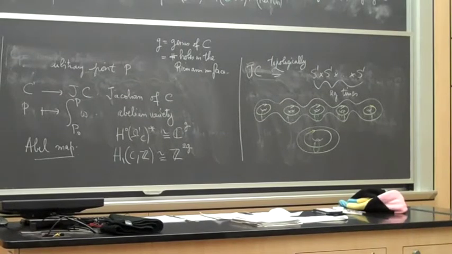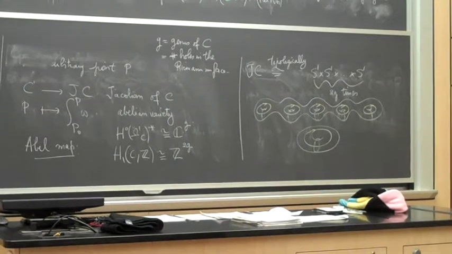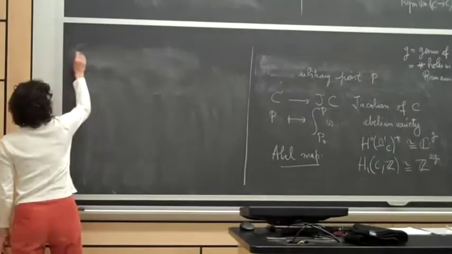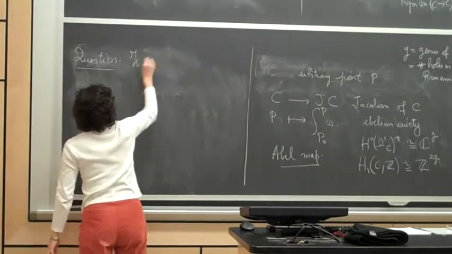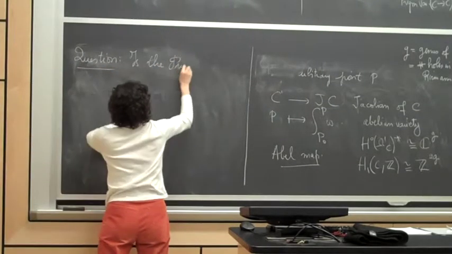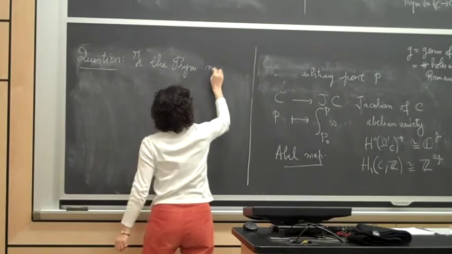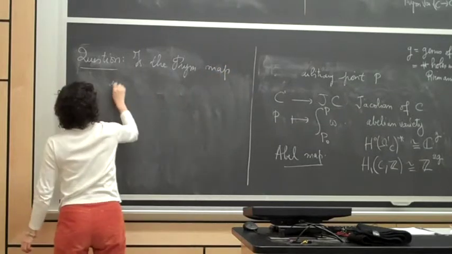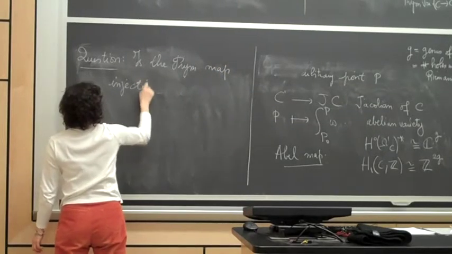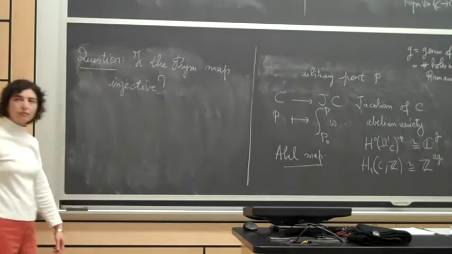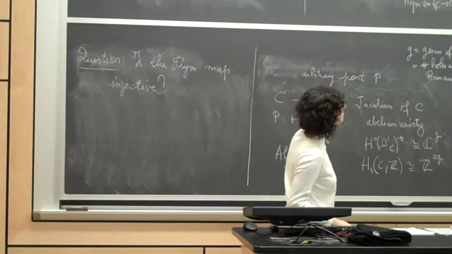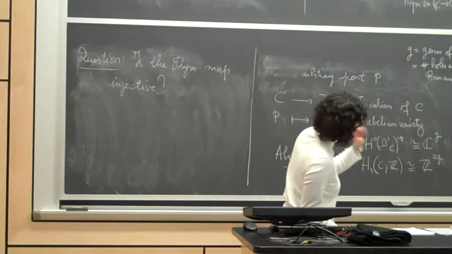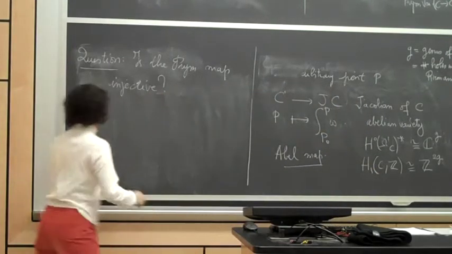So you could ask the same question, what about injectivity of the Prym map? The answer is no if G is at most 5, just for dimension reasons, right?